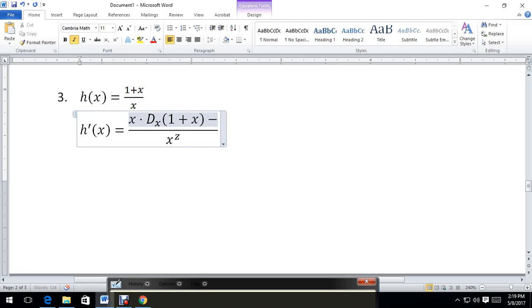This becomes minus high, then derivative of low, derivative of x, over low square. So this is actually low square.